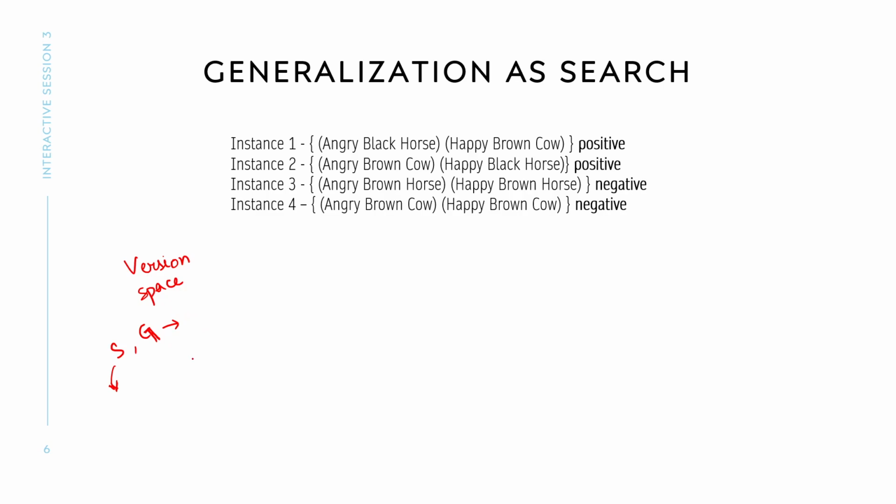I'll tell you right from the get-go that with only these four instances, we won't complete this version space approach. The ideal completion criterion is that S and G should become the same, right?